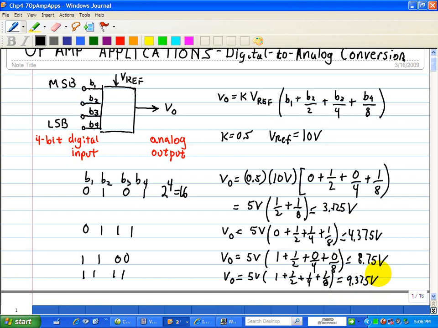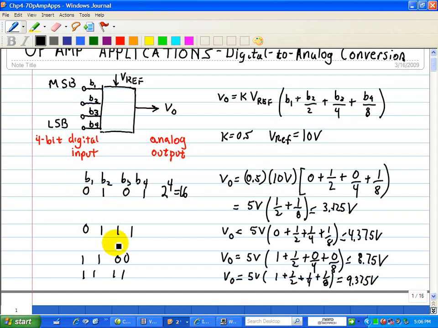The resolution of a DAC is defined as the change of the analog output caused by an input change of 1 bit. So a change of 1 bit is basically 0.625 volts in this example.